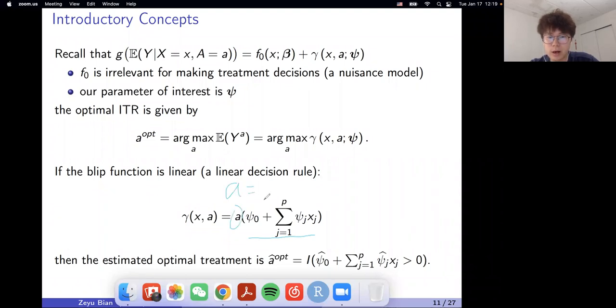In this way, we will always have a positive value of the Blip function. However, if this term inside this parenthesis is less than 0, then we could just simply set A equals to 0. In this way, we could avoid the negative value. And that's how we get the estimated treatment rule.